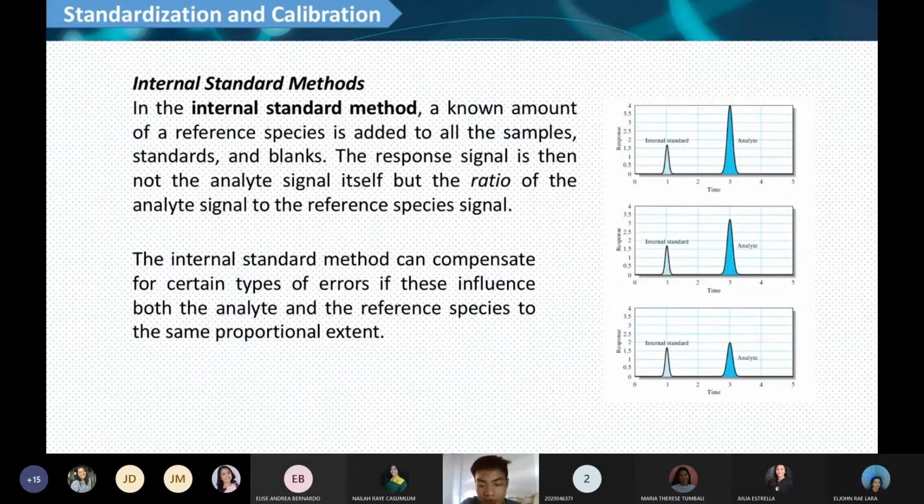You add your standard with the solution. Once lang yan ginagawa. Okay. So kunwari, I have this blood sample. I will add known concentration of methamphetamine HCl. Lalagay ko dun sa blood sample. Okay. Then I will compare the two readings.